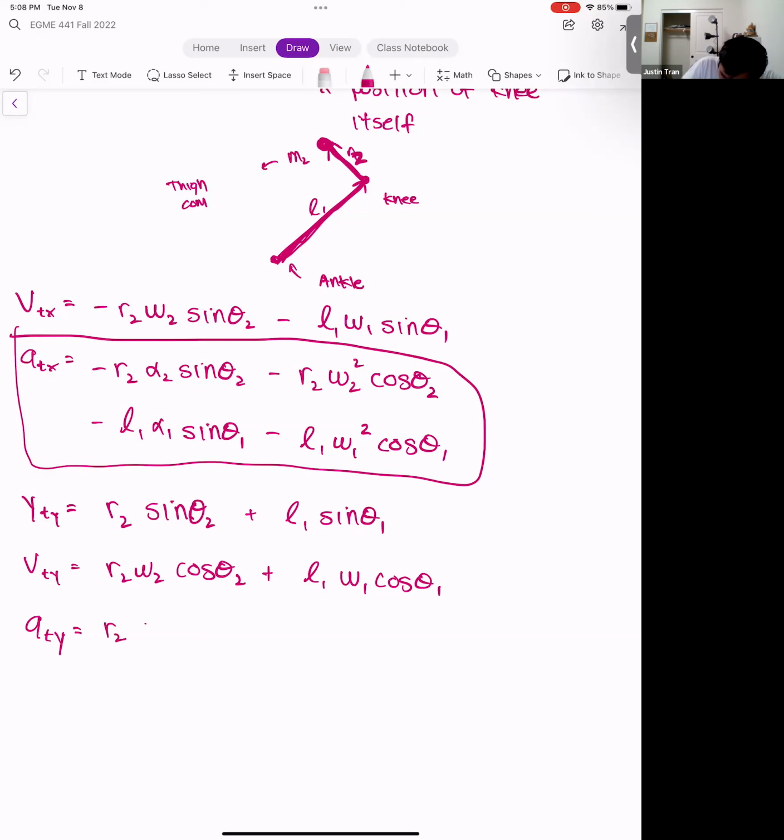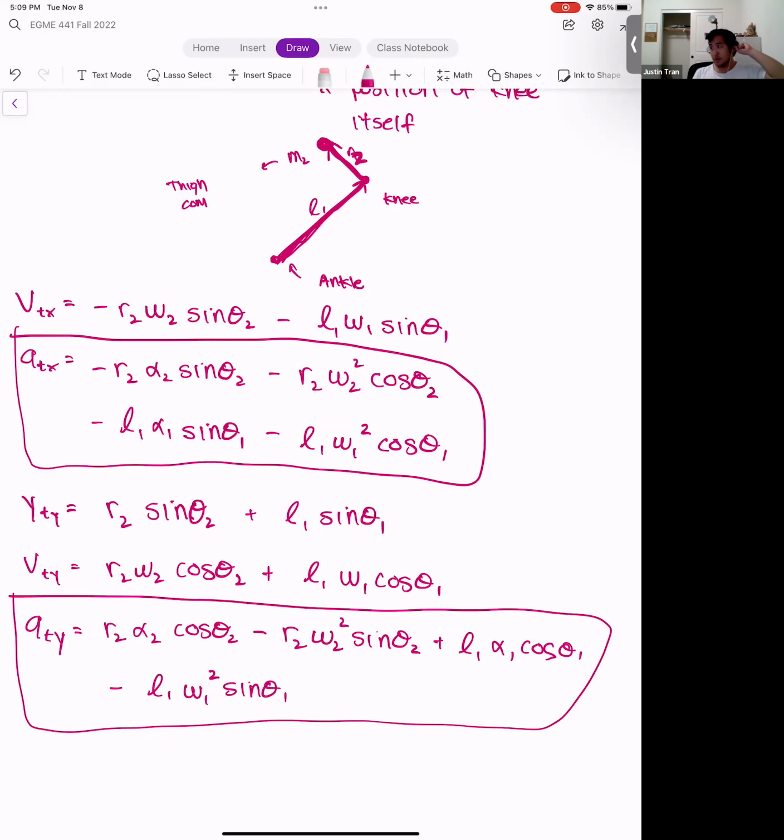Here we have R2 alpha 2 cosine theta 2 minus R2 omega 2 squared sine theta 2 plus L1 alpha 1 cosine theta 1 minus L1 omega 1 squared sine of theta 1.